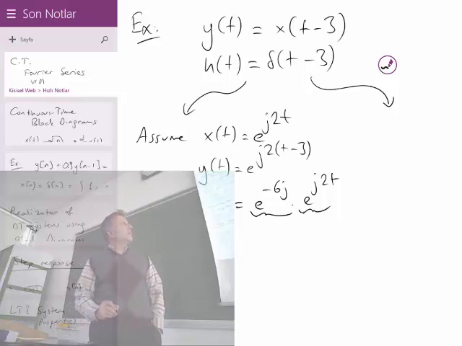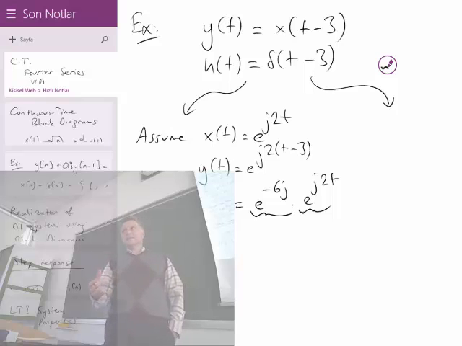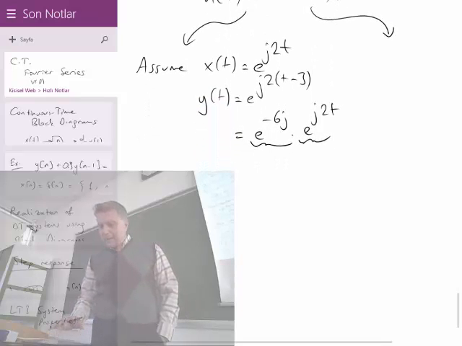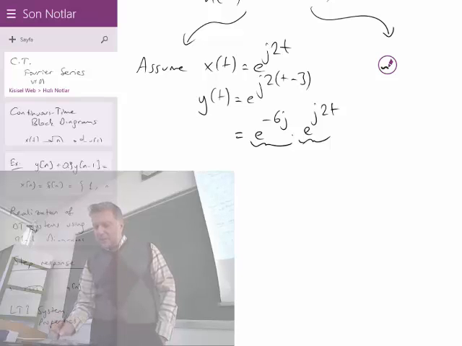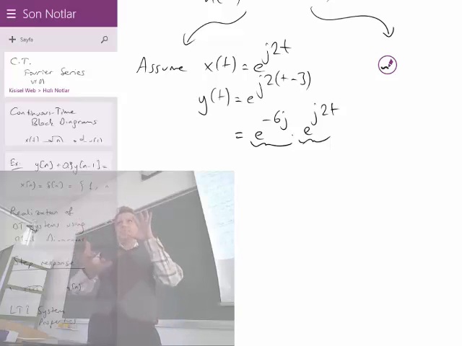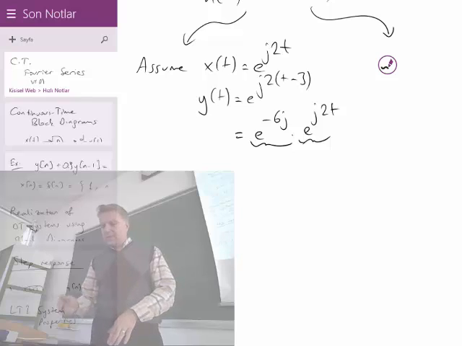E to the minus 6j is the scale, and e to the j2t also goes out without changing. But this e to the minus 6j is a specific amount of amplification, attenuation, whatever, a scale for this frequency only.